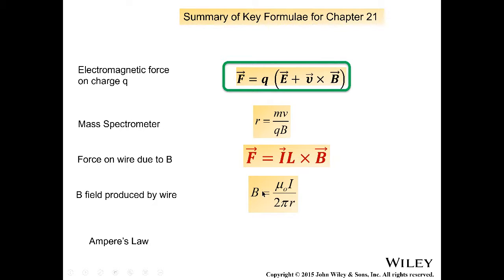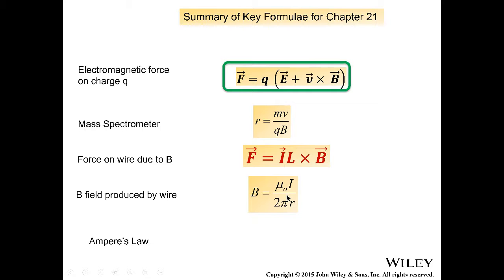The magnitude of the magnetic field produced by your wire carrying a current I depends on this thing called permeability, mu sub 0, which again is a number in engineering units, divided by 2 pi r.